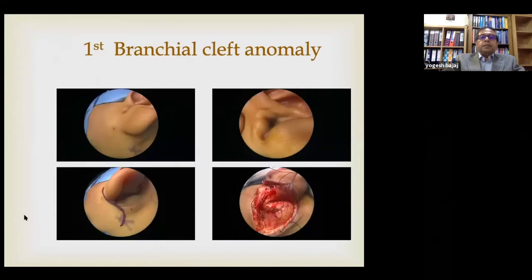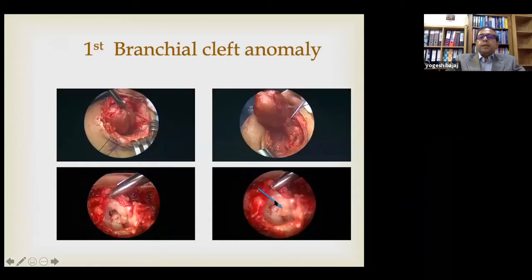This is another child on my operating table. You can see a fistula there, and a swelling in the floor of the ear canal. Lazy S incision, elevate the flaps, and that's your swelling in front of you, which you dissect.